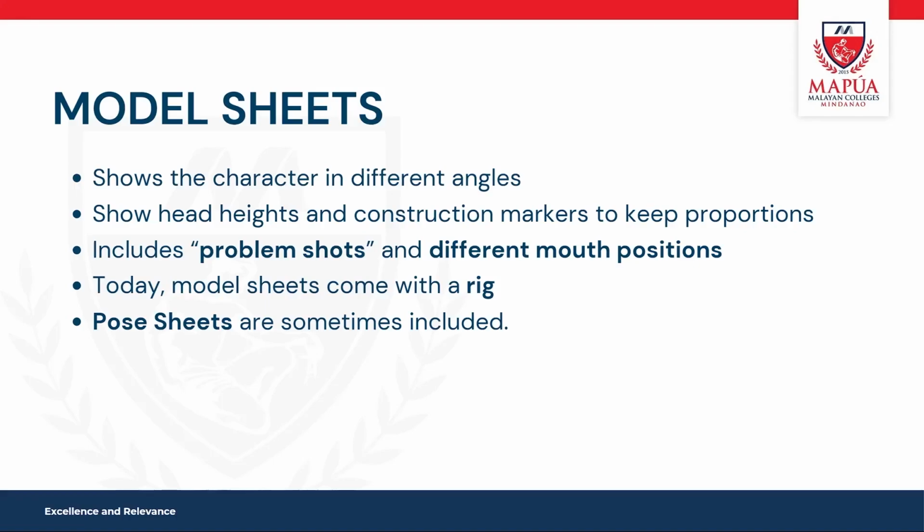Now, the model sheet is used to show animators how to draw the character in different angles. This turnaround can also help the animators visualize how this character should look. Some model sheets include quote-unquote problem shots, which are angles or perspectives that are very difficult to illustrate of this character. The different mouth positions is also included in the model sheets.